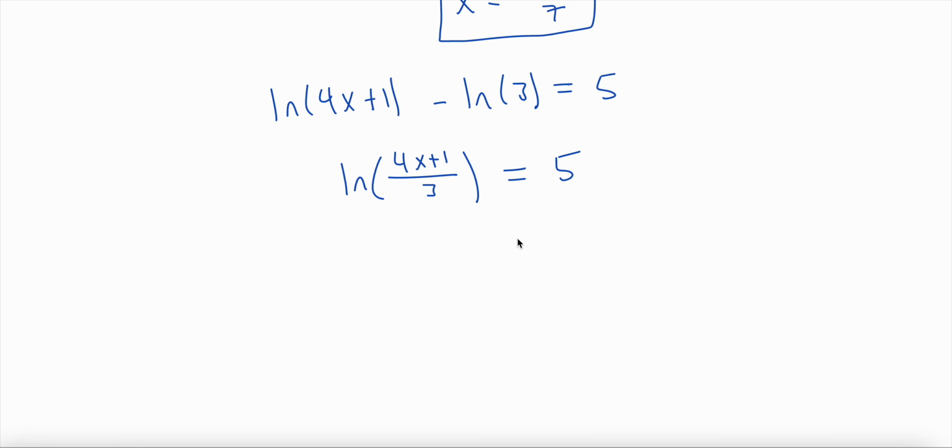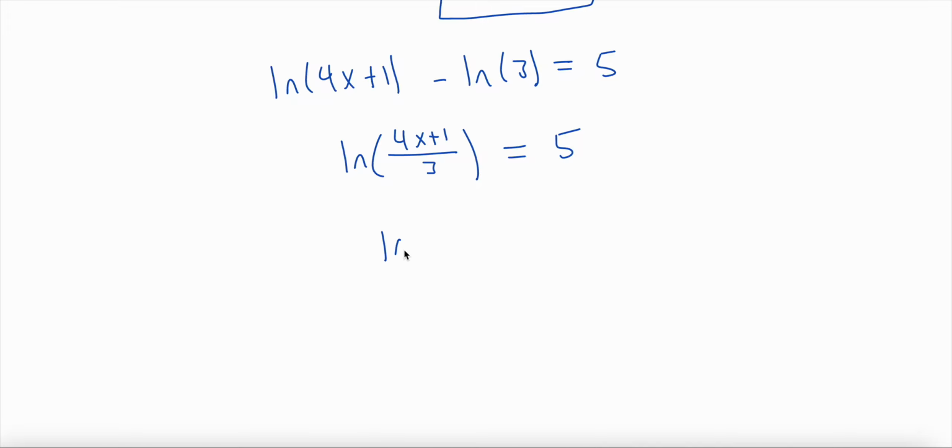And now at this point, we want to do a similar thing to what we were doing before. We want both sides of the equation to have logarithms with the same base. And remember here that ln is the logarithm with a base of e. And so we're just going to do the same thing we were doing earlier. So we have ln of 4x plus 1 over 3 equals, well, ln, or log base e.